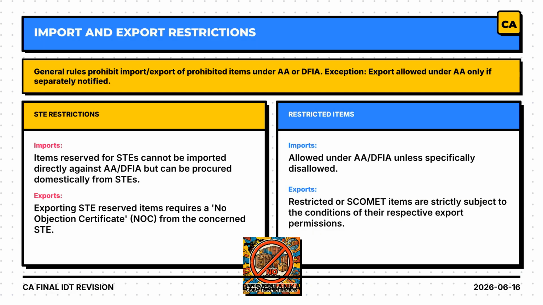For state trading enterprise items, direct imports are not permitted under AA or DFIA, but domestic procurement from the STE is allowed. For exports of STE-reserved goods, a no-objection certificate from the concerned STE becomes mandatory. In case of restricted or SCOMET items, exports remain subject to the conditions mentioned in the relevant authorization or permission.